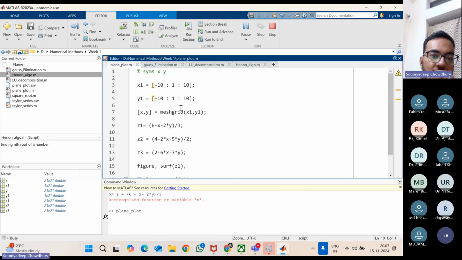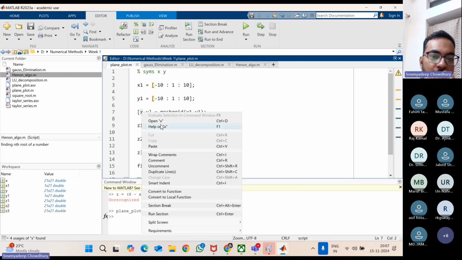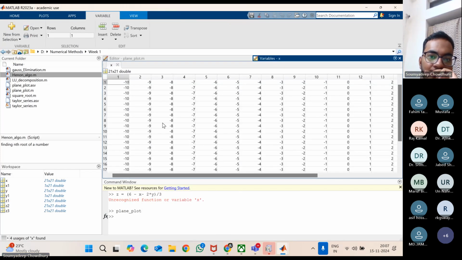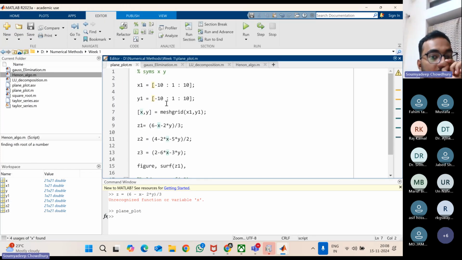If I look into what x and y are, you can see here, x1 and y1 I have taken from minus 10 to 10. In line 7 I have created a mesh using x1 and y1.